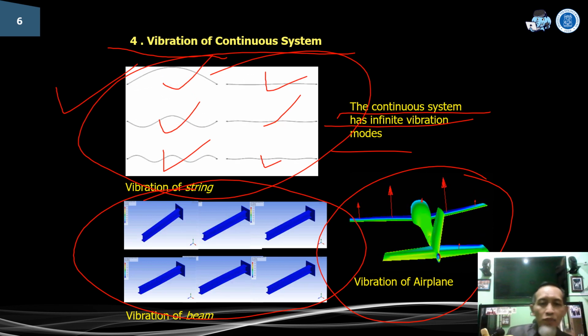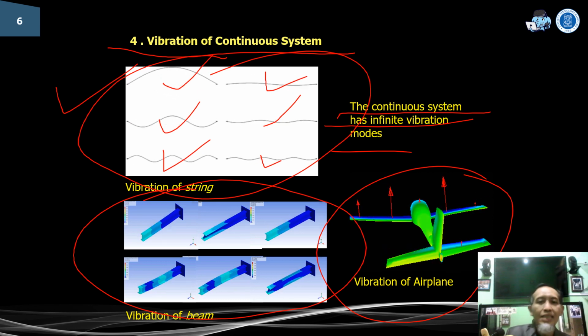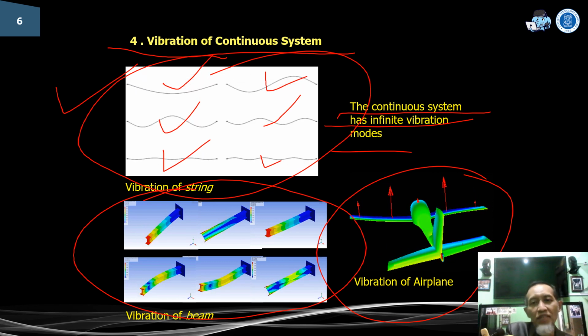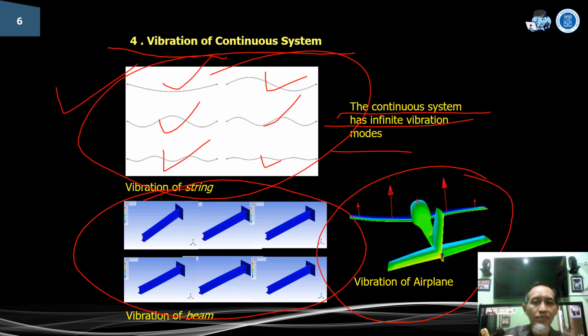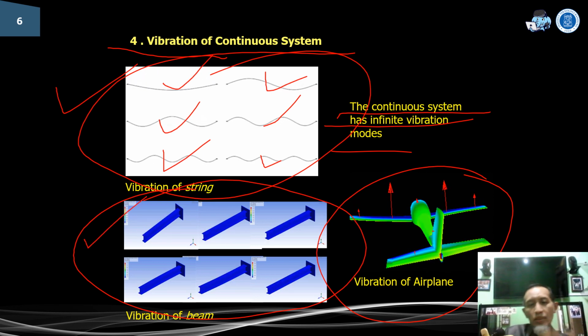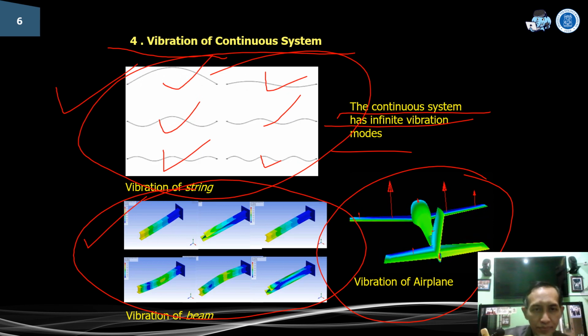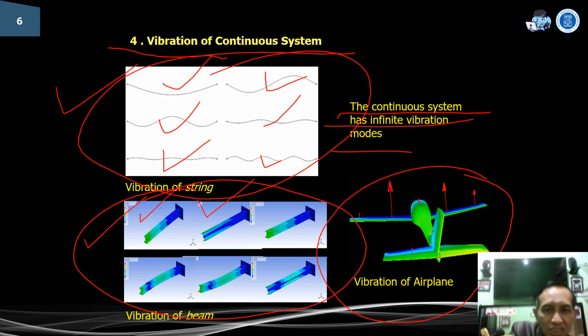For vibration of a film, actually, there are infinite vibration modes too. In this slide, I only show 6 mode shapes. This is the first bending, first torsion.